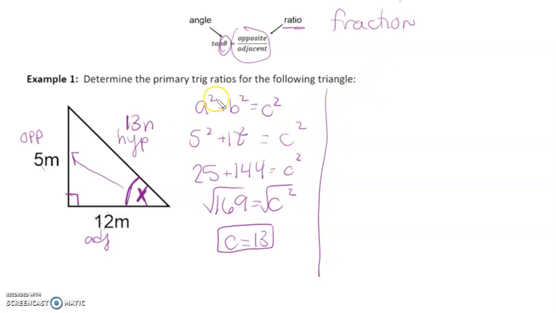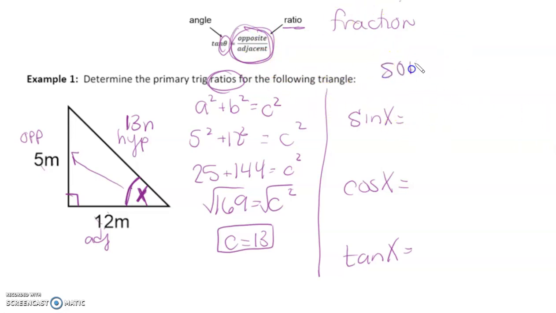So now, this question just wants us to state what's sine x, what is cos x, and what is tan x. It wants us to state the ratios. Remember, the ratio is on this side. So even if we scroll up to take a look, we have Sohcahtoa. Okay, so for sine x, we have to put opposite over hypotenuse.